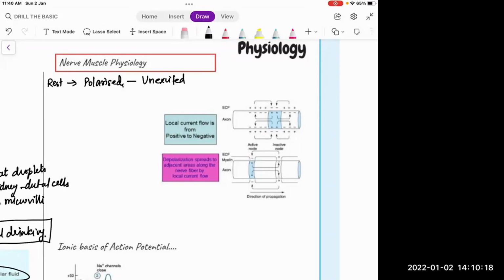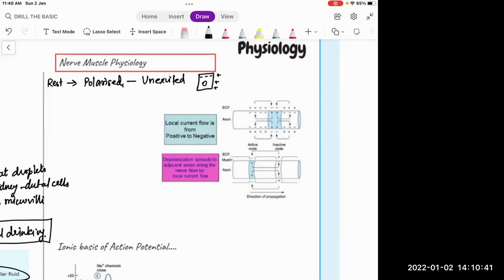During that period, when you take an unexcited cell, the inside charge is negative. The outside of the cell will be positive. So this is the condition of a normal resting cell, or the polarized cell in the unexcited stage.